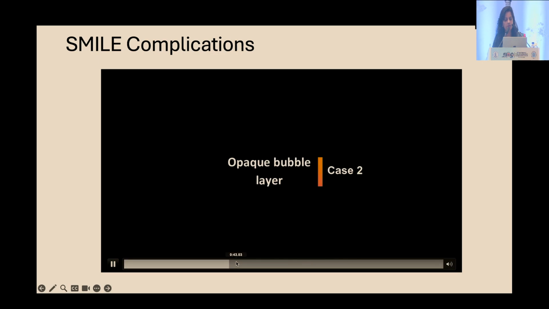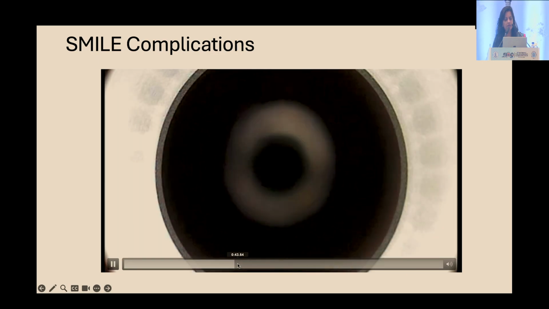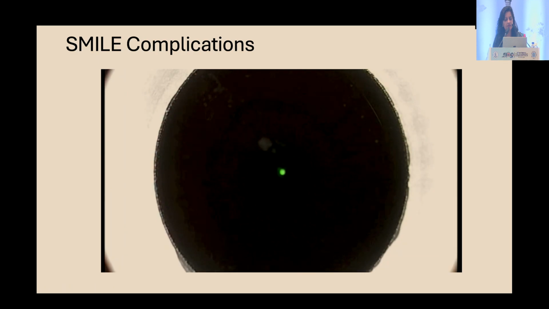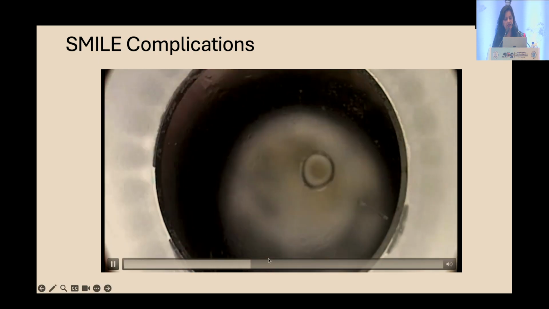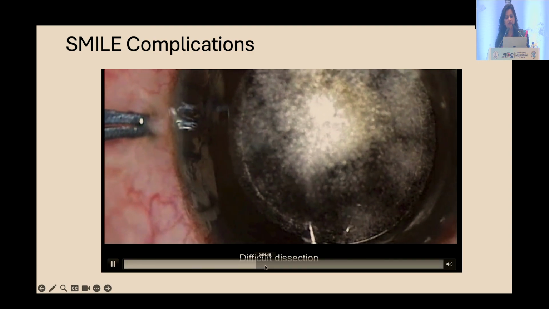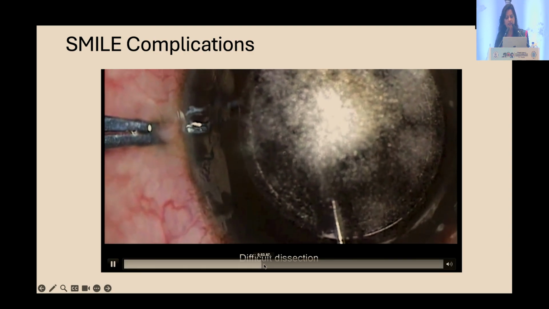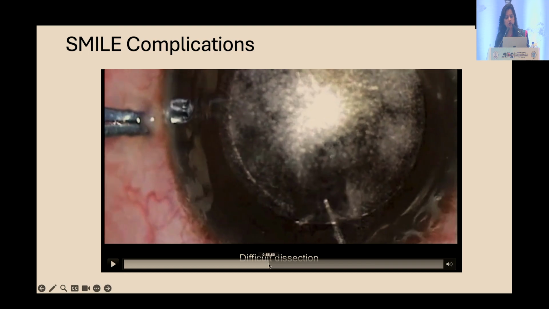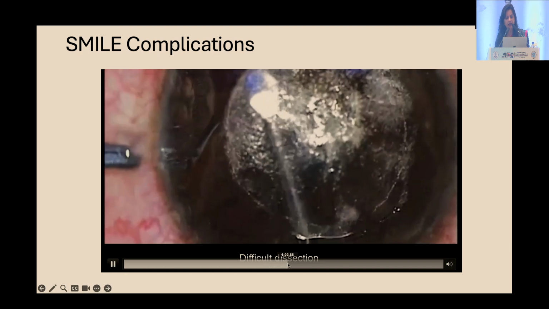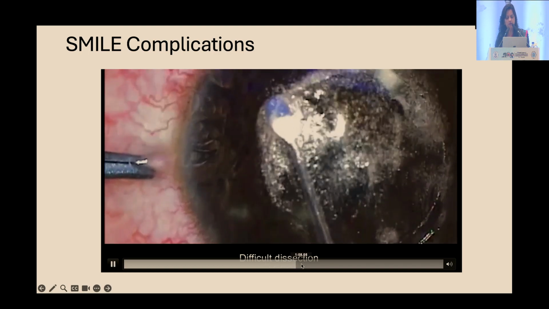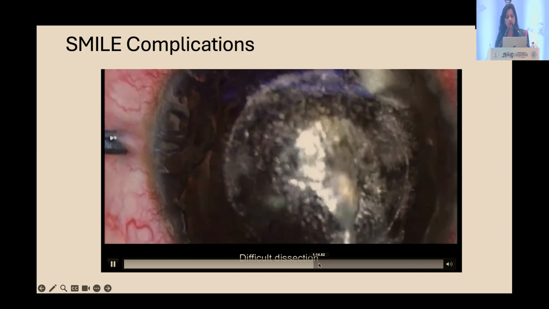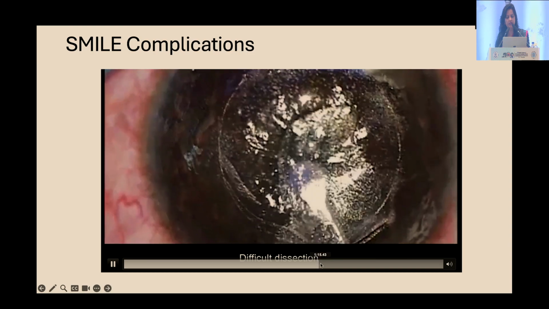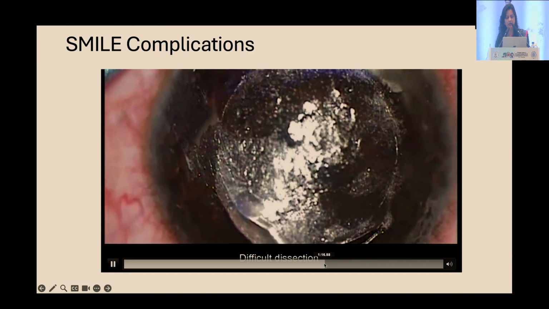Now, when you have an opaque bubble layer, such as in this case, the dissection may become difficult, and again there may be macro adhesions, and by proprioception you can make out that it has not dissected well in that area. Every attempt should be made to dissect it completely so that there are no inadvertent remnants or tags which remain behind.